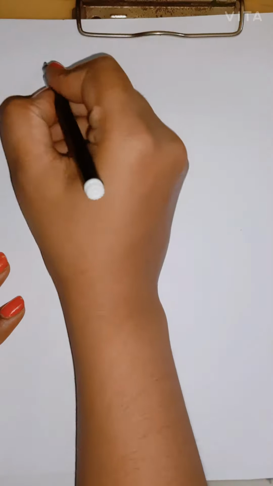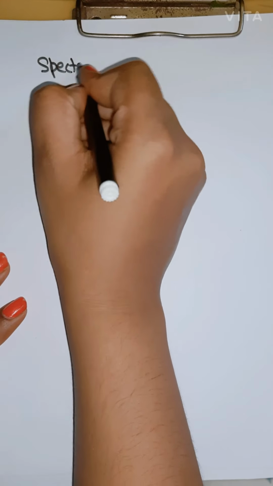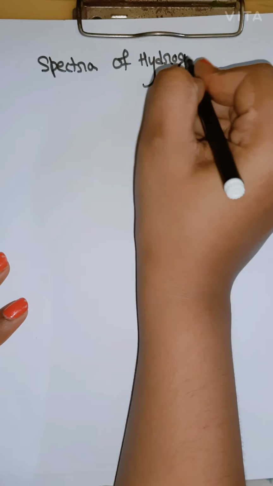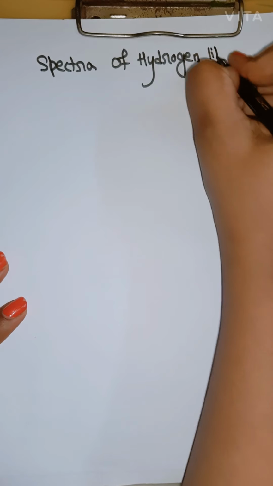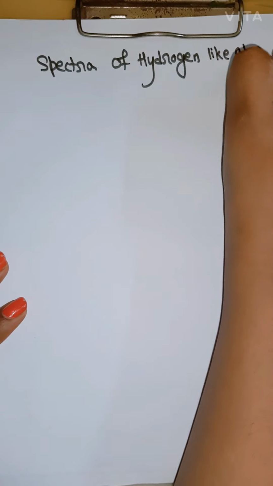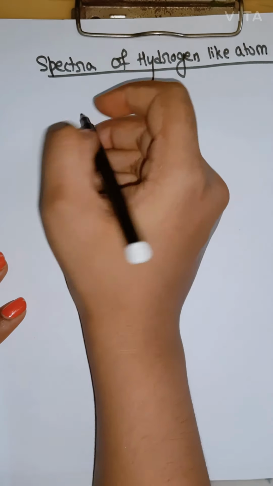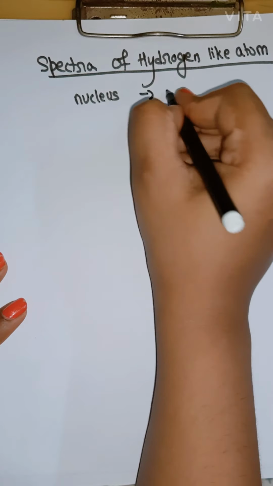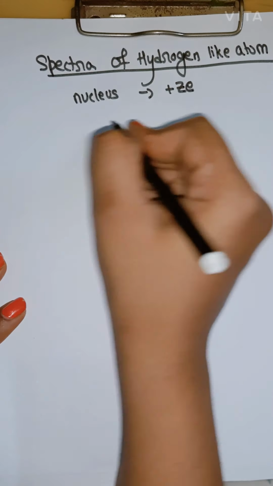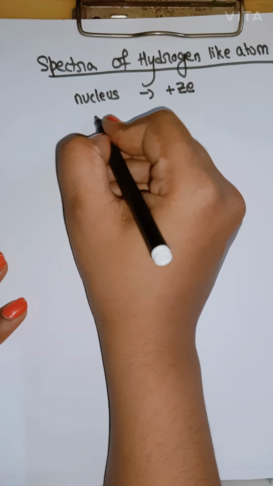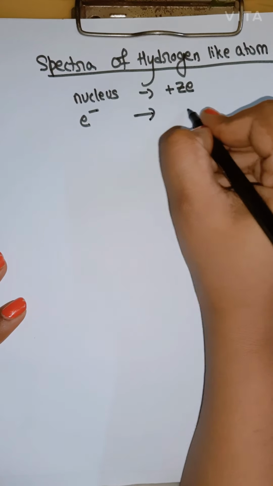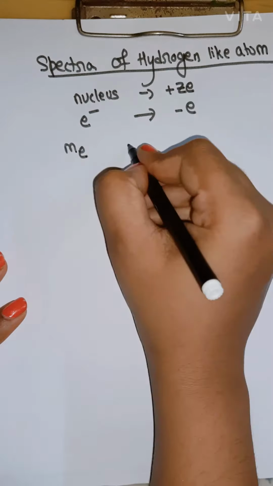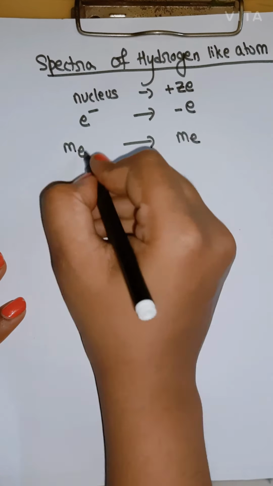Now we will explain the spectra of hydrogen-like atoms. Let the charge of the nucleus be Z times the electronic charge, the charge of the electron be minus e, and the mass of the electron be me.